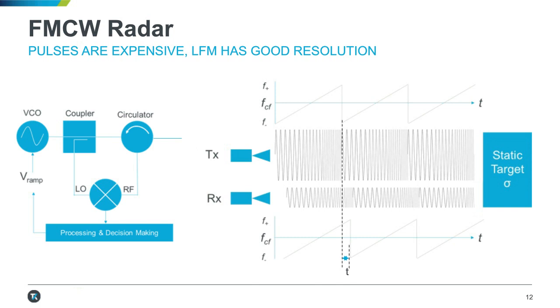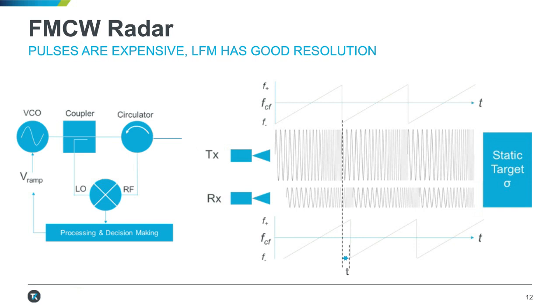I've put a static target here on the right hand side, and we've got a transmitter and receiver. So when you take a look at the transmit and receive in terms of what that block diagram looks like, that's what I'm showing on the left hand side of the slide. Essentially we're sweeping a frequency. We've got a VCO, so we put a voltage ramp into the VCO and it creates a frequency sweep proportional to that voltage ramp, and we transmit that through the circulator.